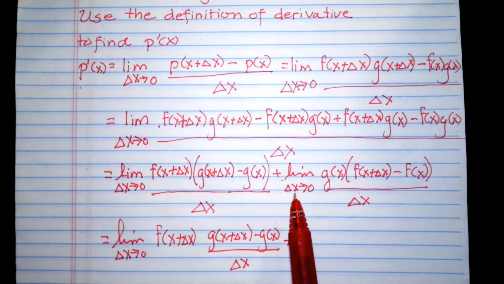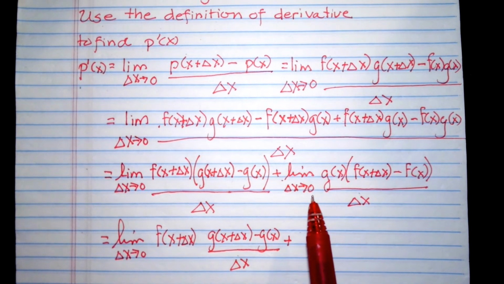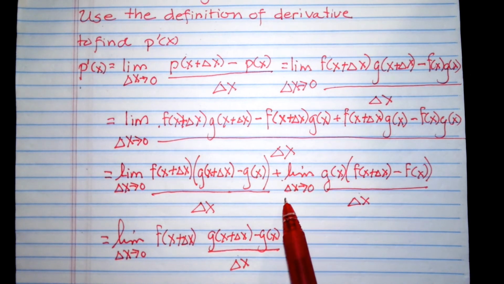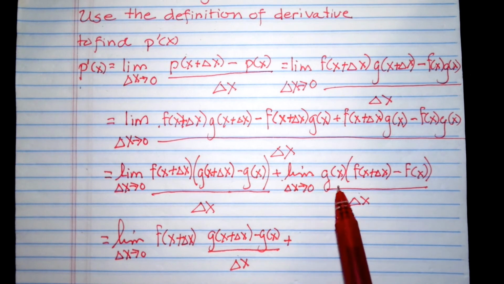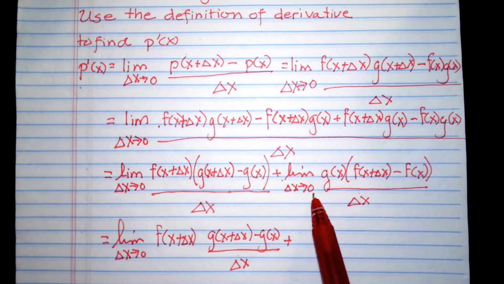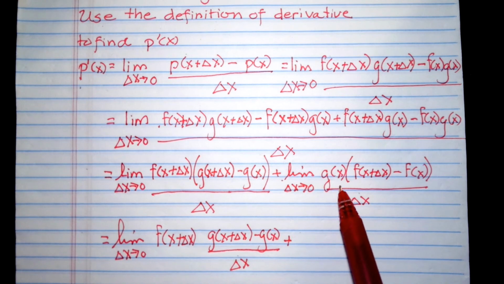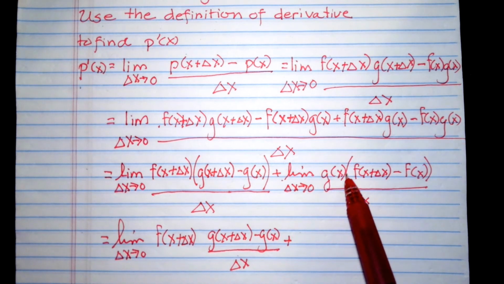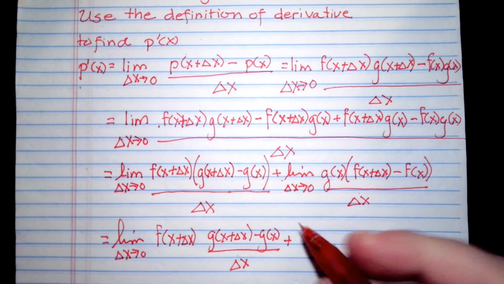Now, here's something else that you might not have seen before and might not have thought of. This is a limit of delta x. Delta x is what's tending to 0. This g of x does not depend on delta x. So as far as delta x is concerned, g of x is a constant. So I'm going to treat it like one. I'm going to pull it out front.